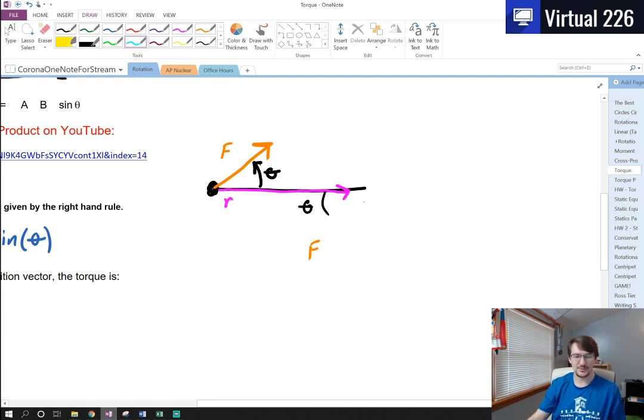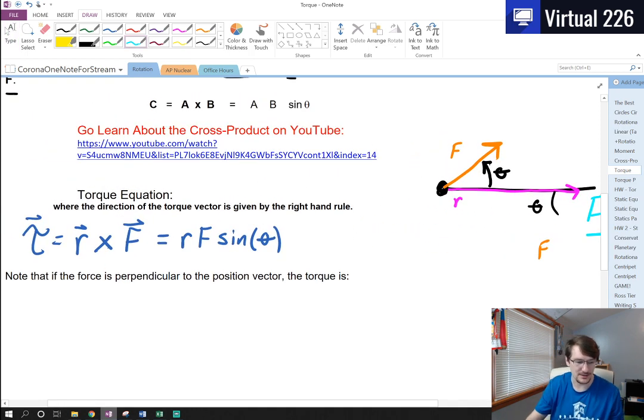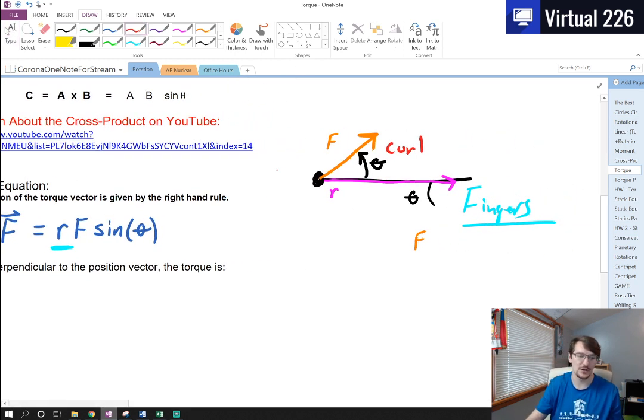We think about this as placing our fingers in the direction of the first vector, which in our case here is going to be that moment arm, and we curl our fingers in the shortest angle possible to get to that second vector, the force. So we curl to that force.